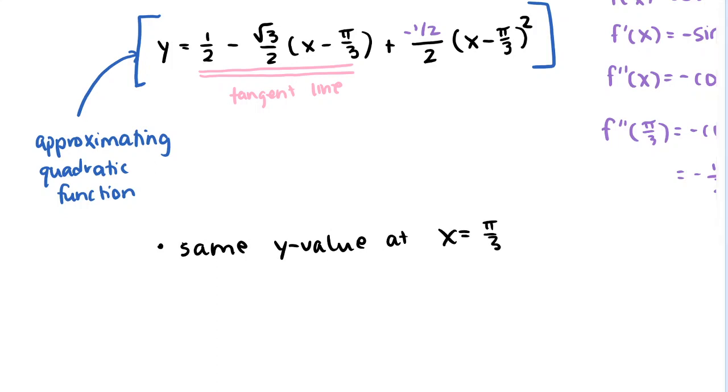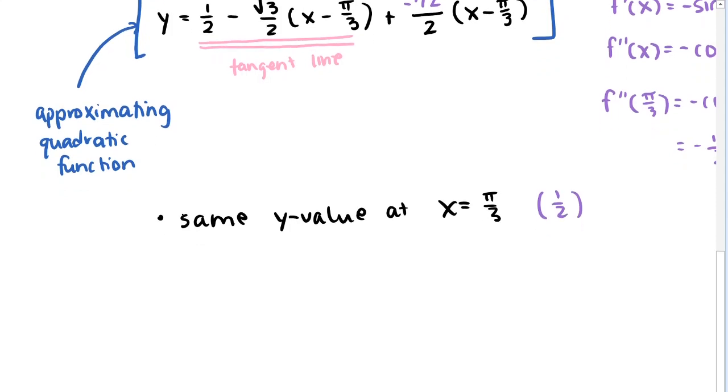Right, so this y value was 1/2. And we can see that if we rewrite our equation, y is equal to 1/2 minus the square root of 3 over 2 times, here we're plugging in pi over 3 for our x value, so I'm going to replace x with pi over 3.